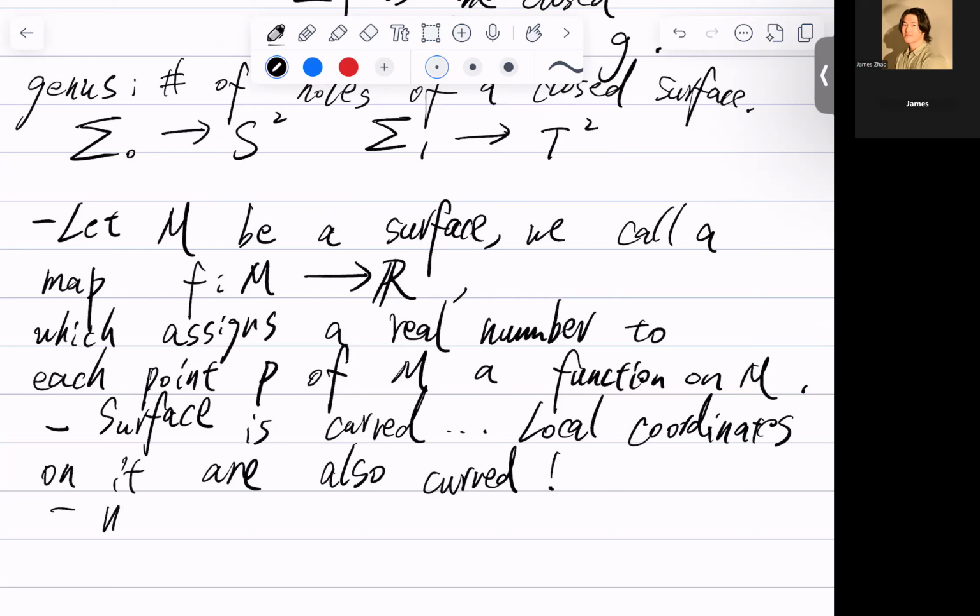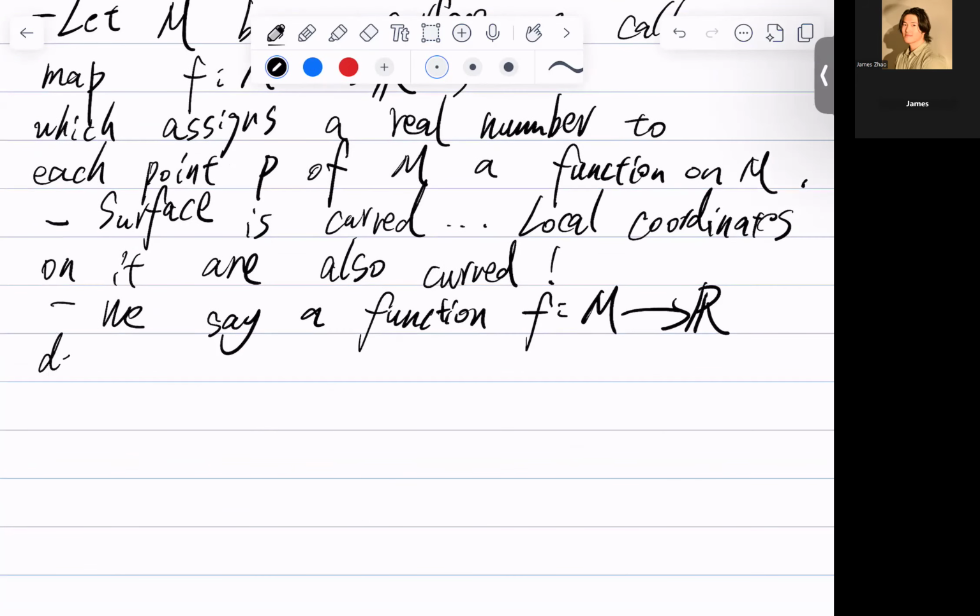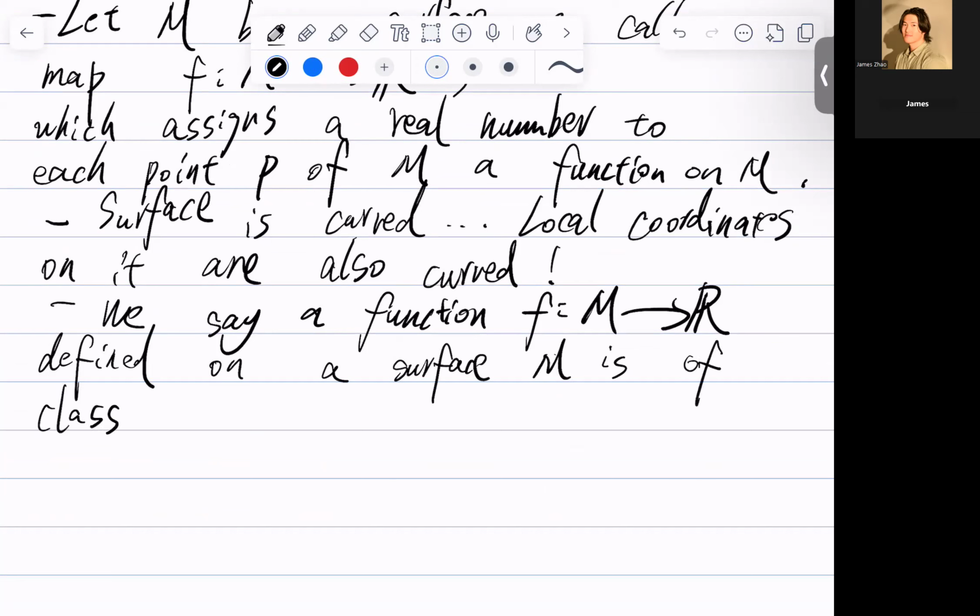And we say a function f that maps from M to R, defined on a surface M, is of class C infinity.